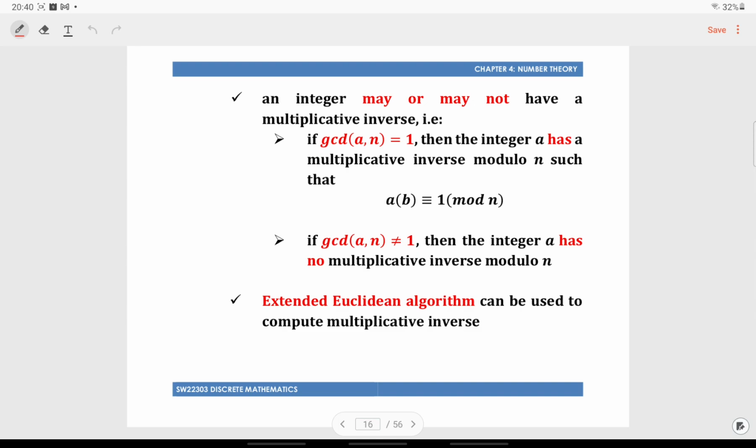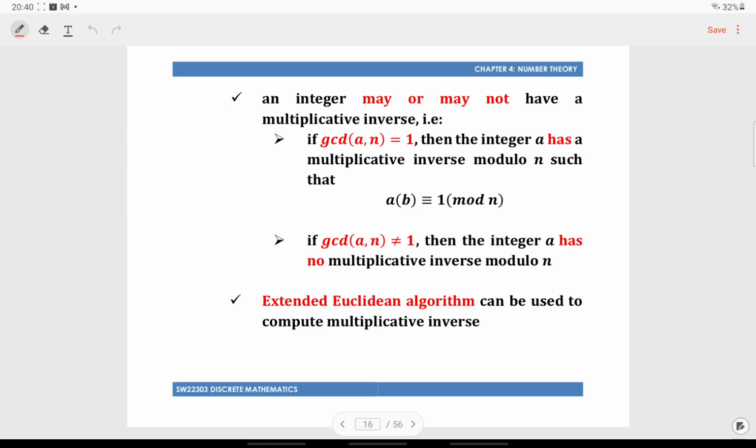The condition is related to the greatest common divisor. We learned about the greatest common divisor in the previous lecture, and we also learned how to find it. Now we use that concept as the condition for the multiplicative inverse.